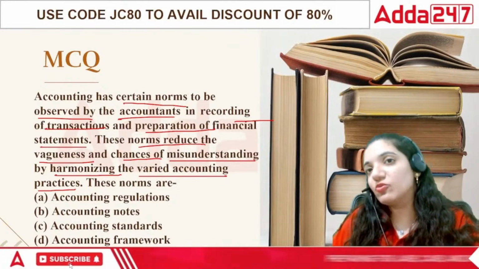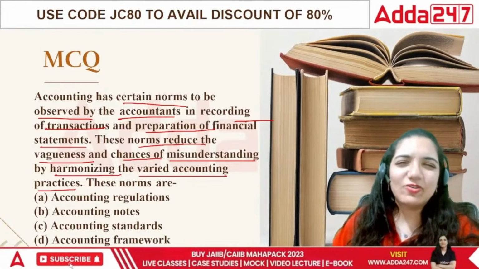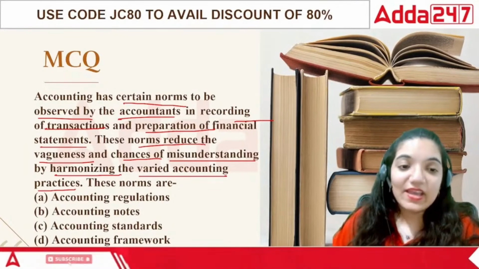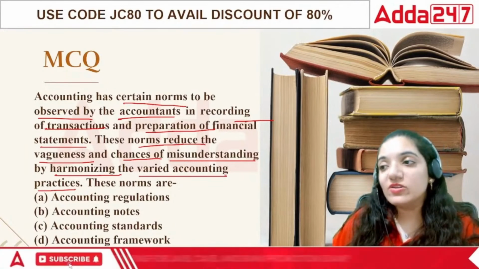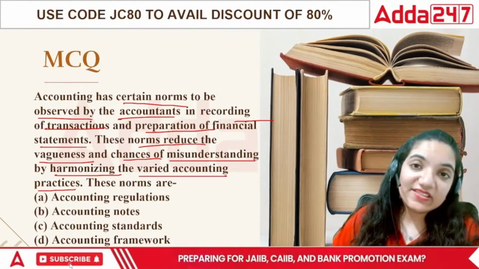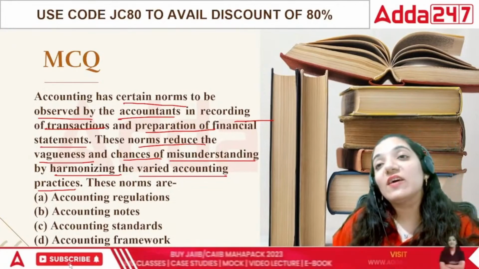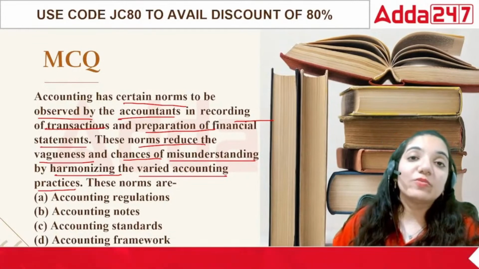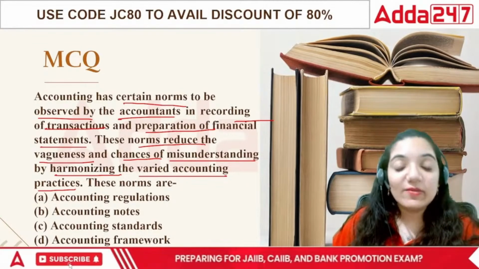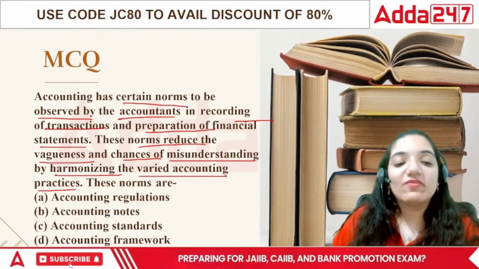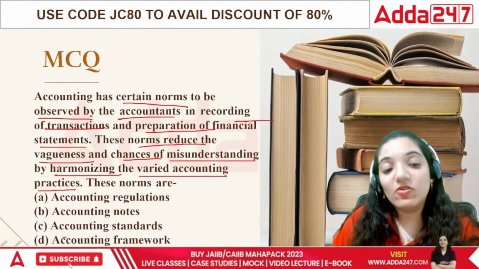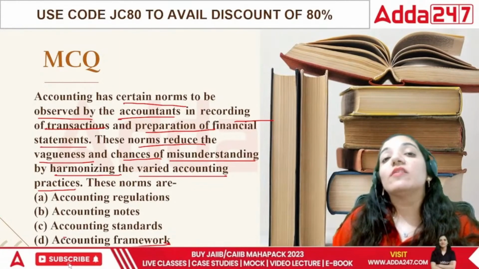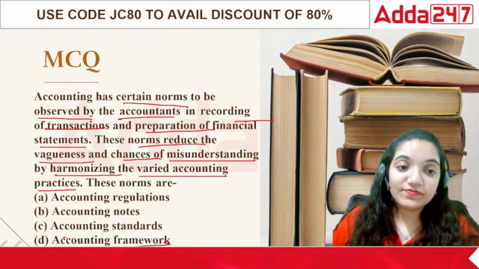Regulations can be said as rules and regulations, but in accounting we do not use the term regulations. Accounting notes are basically explanatory statements. Accounting standards are basically the norms which are prepared on how the books should be treated. And last is accounting framework. That is not called accounting framework now, it is called financial reporting framework.